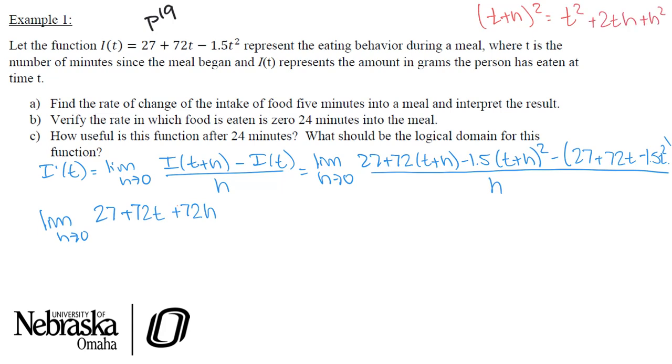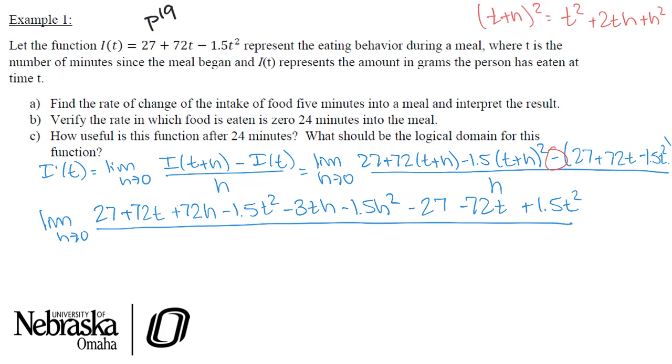And then I'm also going to distribute our negative 1.5. So we get minus 1.5t squared minus 3th minus 1.5h squared. And now we can also distribute our negative here. So minus 27 minus 72t plus 1.5t squared.